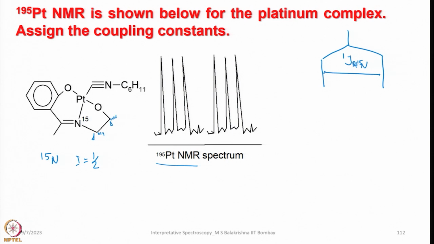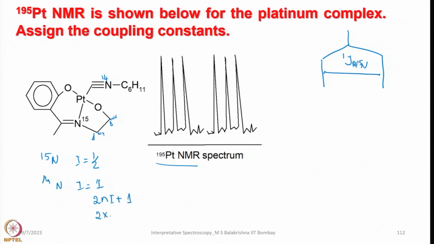And of course, in close vicinity we have 13C carbon here. Carbon doesn't split something like this, because 13C has I equals half, and also its abundance is only 1%. There is a possibility of seeing satellites. But on the other hand, here we have 14N, and for 14N we know that I equals 1. Now if it is splitting this one, we can use the 2nI plus 1 rule.